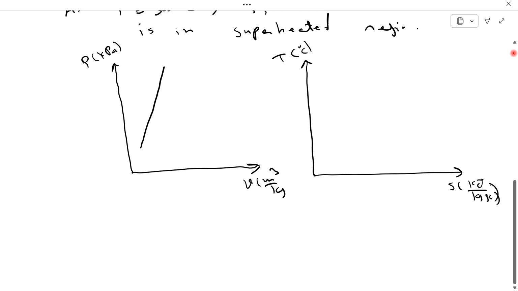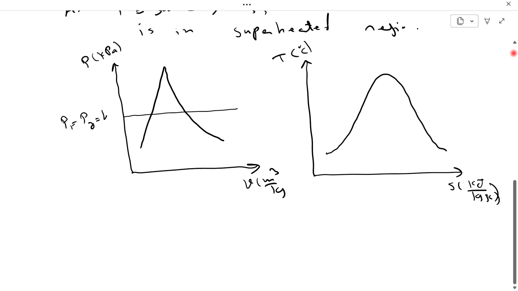This is the saturation curve on the TS diagram, and this is the saturation curve on PV. On the PV diagram, P1 is equal to P2 is equal to 400 kilopascal. State 1 is in the wet region and state 2 is in the superheated region. So this is the constant pressure line.